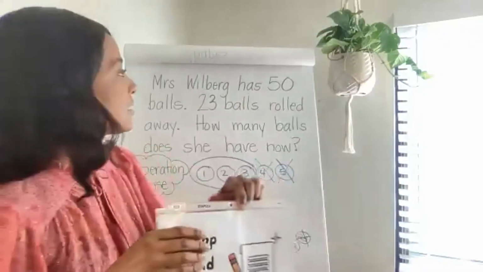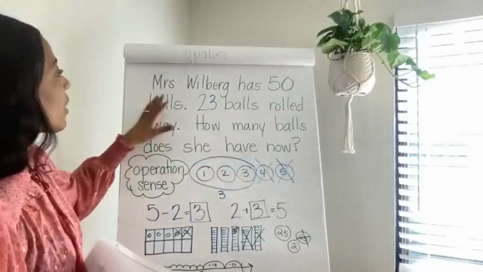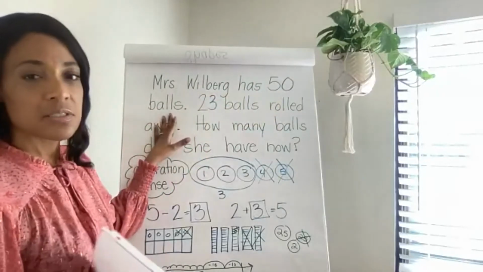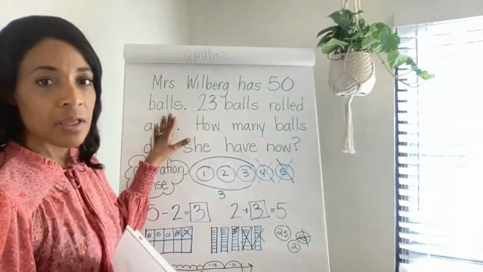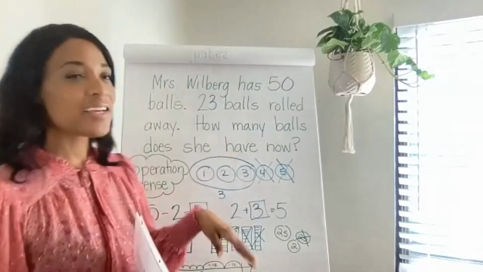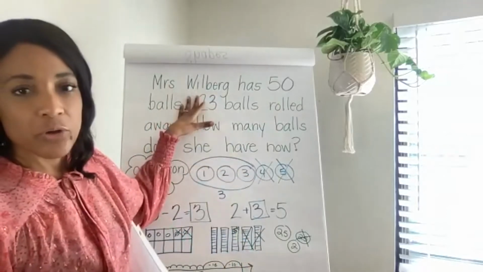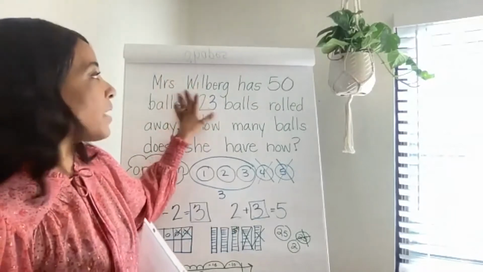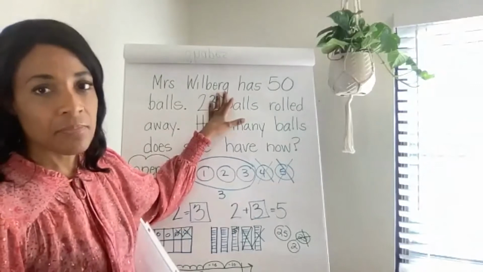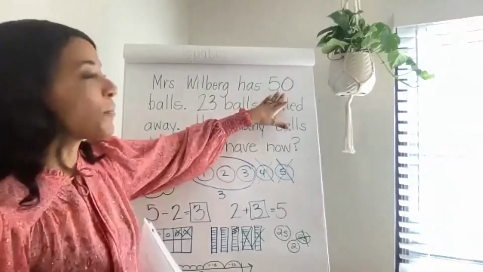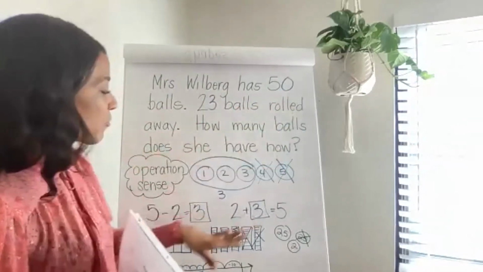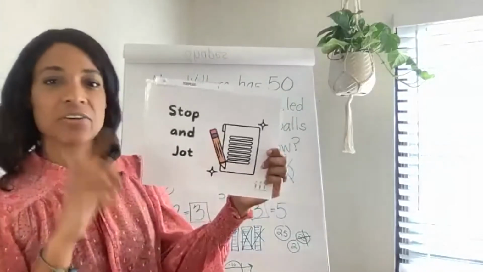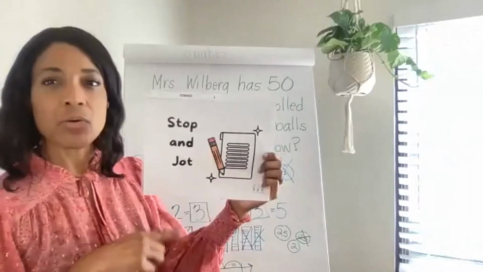So for instance, with this problem, Miss Wilberg has 50 balls, stop and jot. Ideally, the kids would make a stick figure of Mrs. Wilberg, or they might just put a W for Wilberg, or maybe they write her name. And then they might write the number 50, or they might represent 50 with some base 10 blocks. But the idea is that they're going to stop and jot down something very quickly.